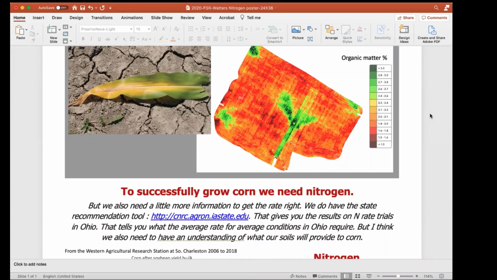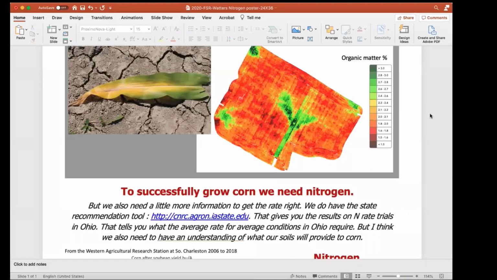So, what have you and OSU Extension been doing to continue to build that tool and ensure that we have the most economic nitrogen rate for producers here in Ohio? So the corn nitrogen rate recommendation tool is based on Ohio data, and we use farmer trials, so nitrogen rate trials on farm.